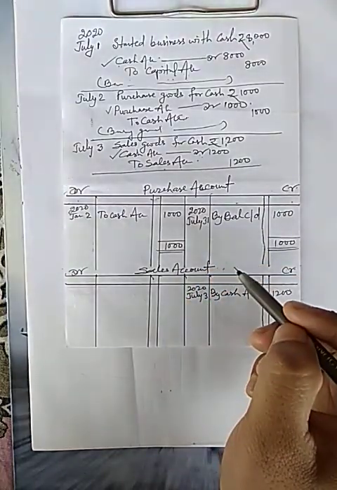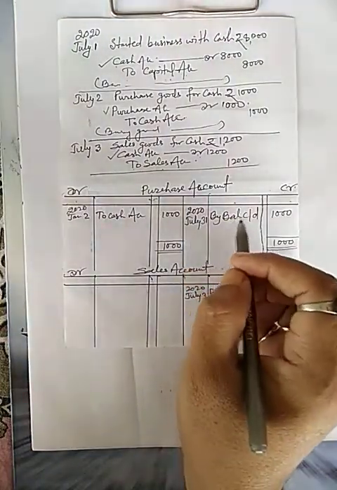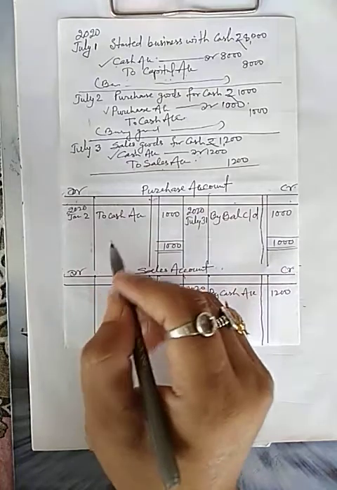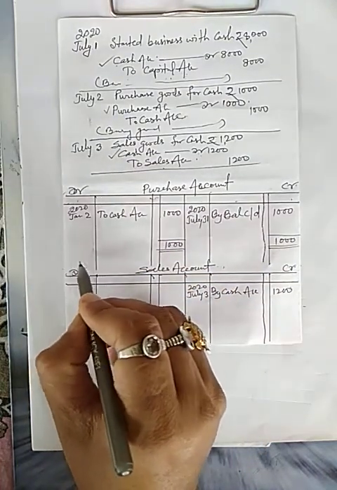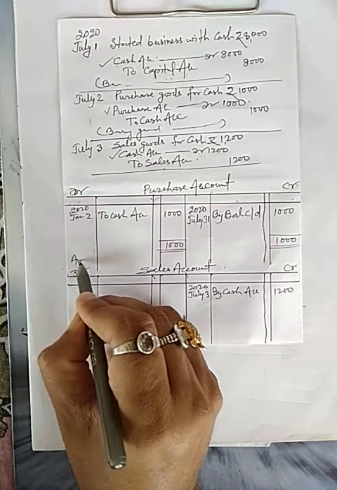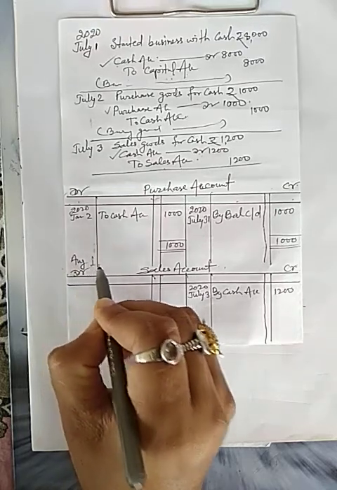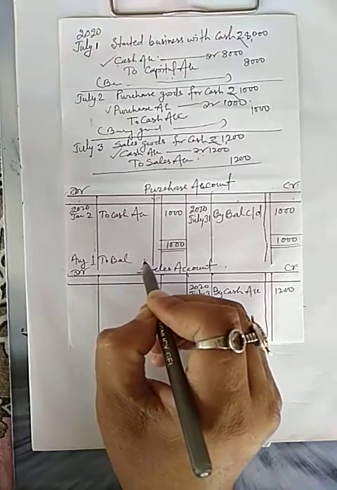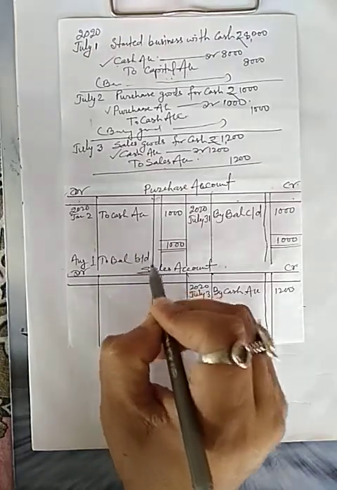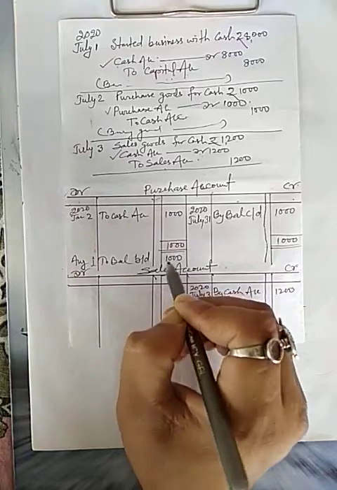Now balance c/d will transfer into next month, so on August 1st to balance b/d 1,000.